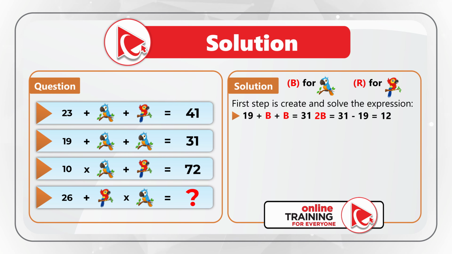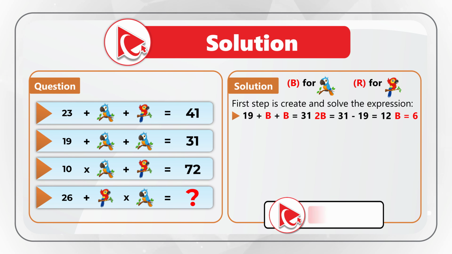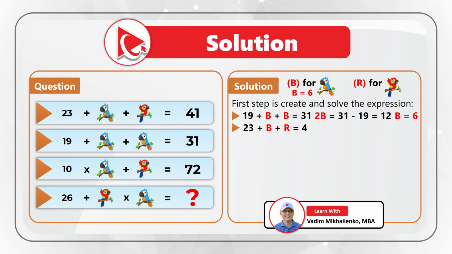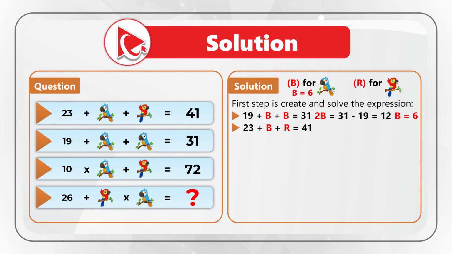Once we solve it, we see that B, blue parrot, equals 6. Knowing the value for blue parrot, we can solve the first expression. 23 plus B plus R equals 41, which means that 23 plus 6 plus missing variable R equals 41. After the calculations, R equals 41 minus 29 equals 12.